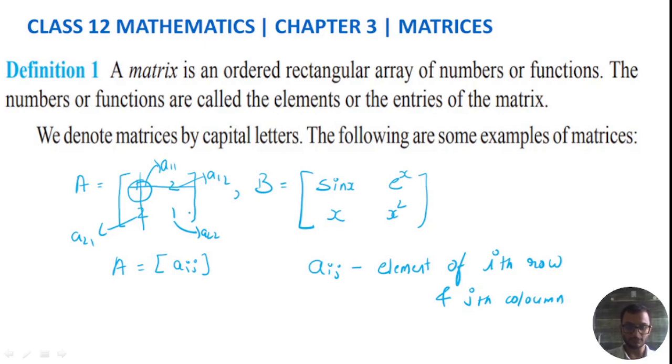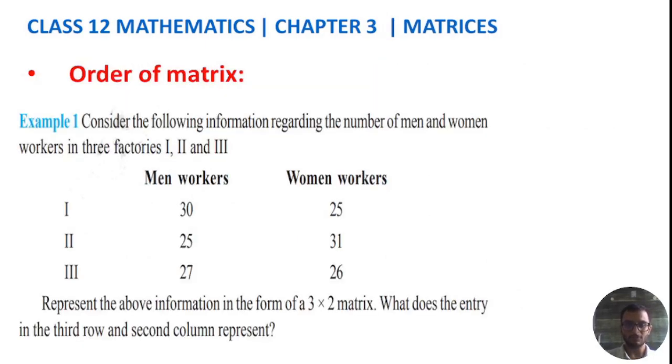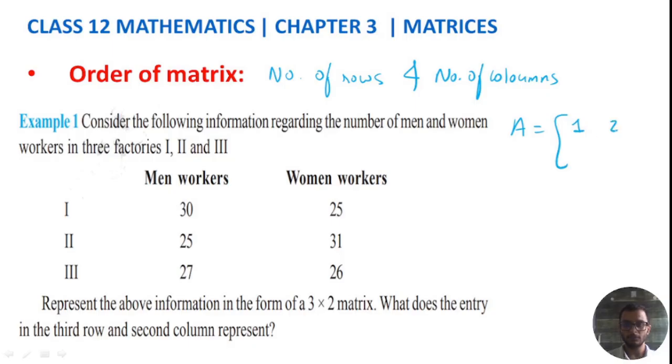Now let's move to the next topic, order of the matrix. What does order of the matrix mean? It means the number of rows and number of columns involved in the matrix. Suppose I will try to explain it by example. Suppose I am taking matrix as 1, 2, 2 and 3.